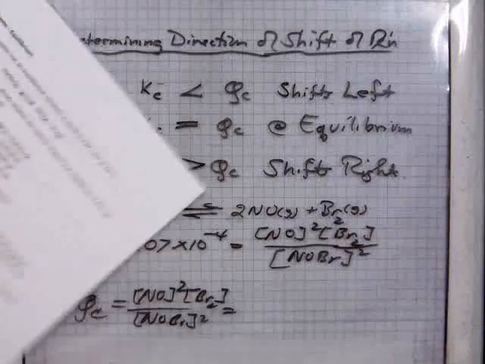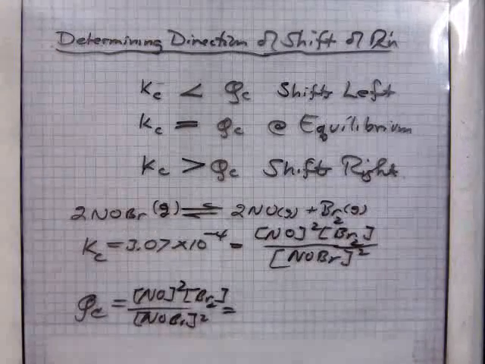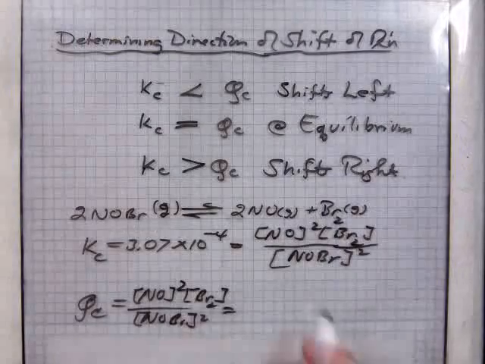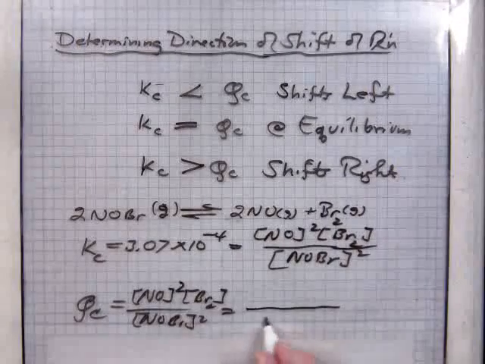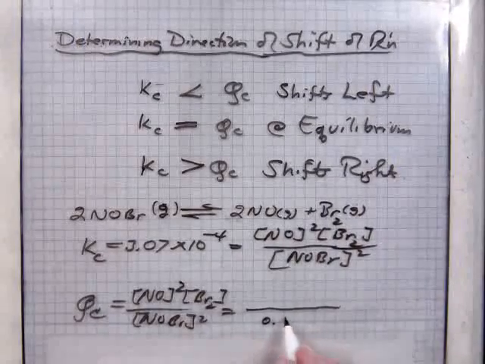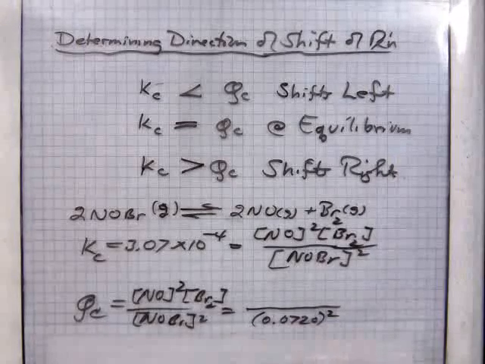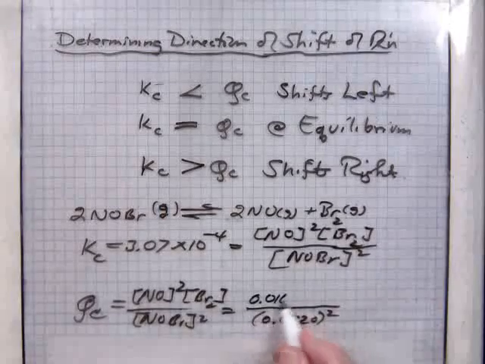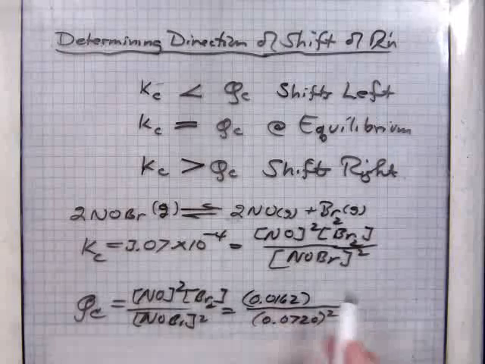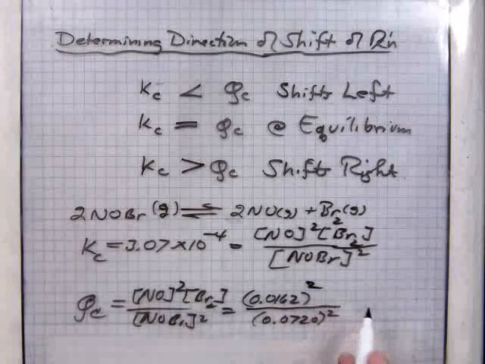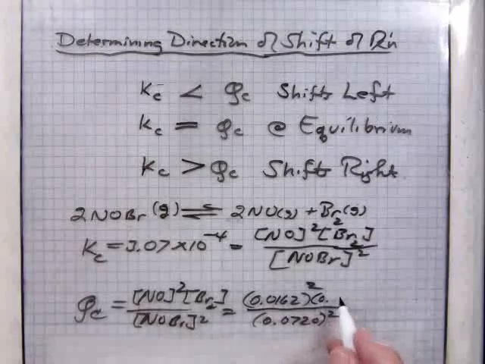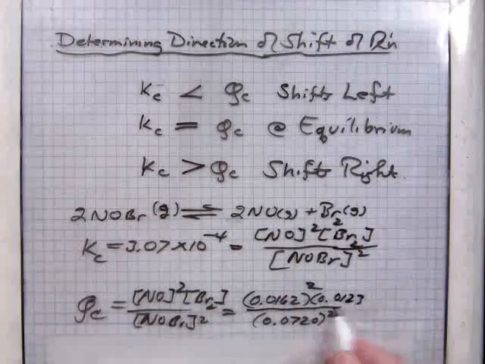So we substitute those into that expression, 0.072 squared, and 0.012 molar, that one's squared also, and the bromine is 0.123 molar.